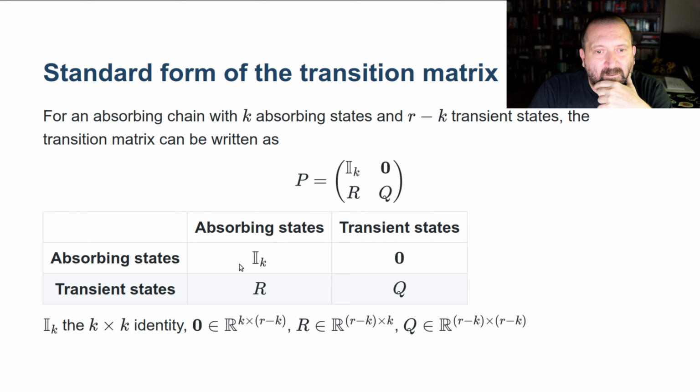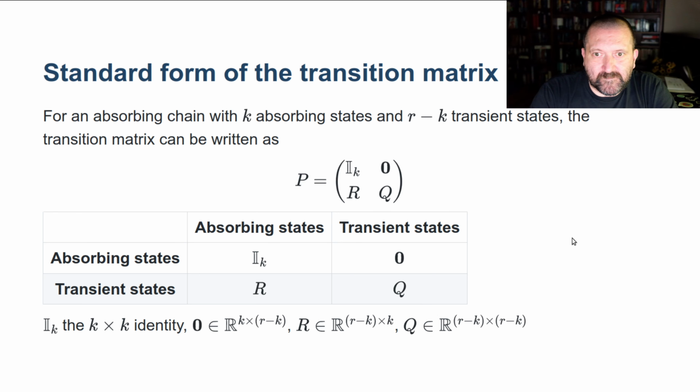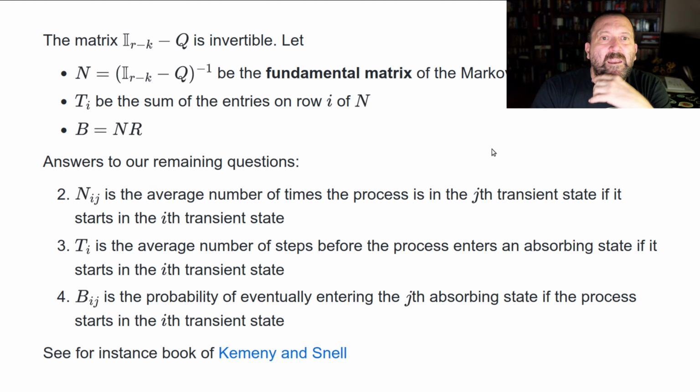The matrices I and Q are square. R need not be square. They're only square if I and Q are of the same size. Otherwise they're rectangles. Now, I'm not going to show it.